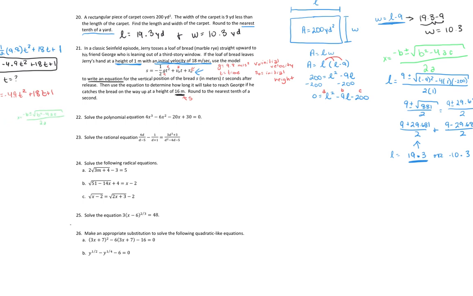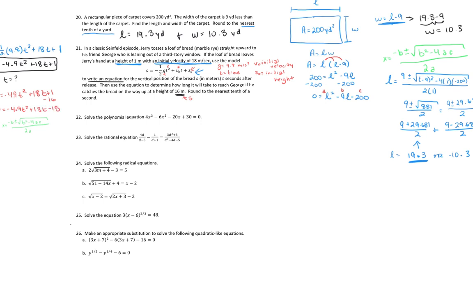So if we remember this quadratic formula, we can actually move some stuff around on this equation here. So we can actually move this 16 over to this side and be left with something like 0 equals negative 4.9 t squared plus 18t minus 15.